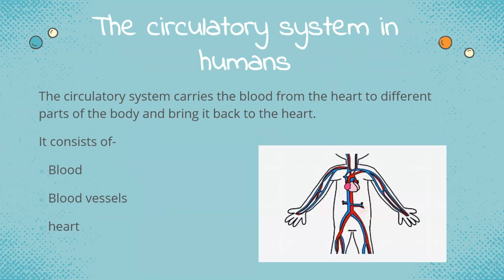The circulatory system in humans. The circulatory system carries the blood from the heart to different parts of the body and then brings it back to the heart. We have learned that in the small intestine nutrients are absorbed and then transported to the blood.